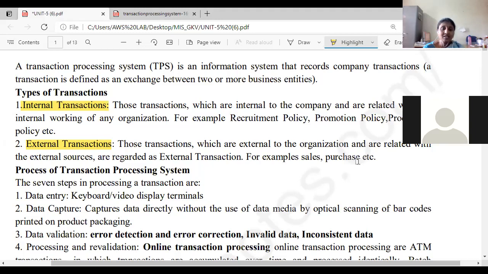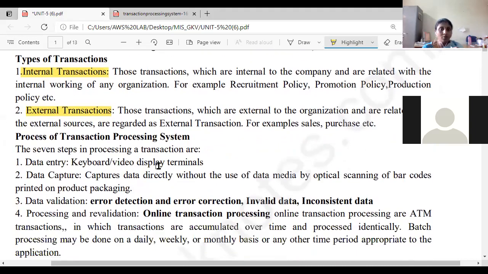What are examples of external transactions? We are doing sales activities and purchase activities. When you do sales, we are exchanging goods and services with customers for money. So some transaction is happening with the environment outside the organization.